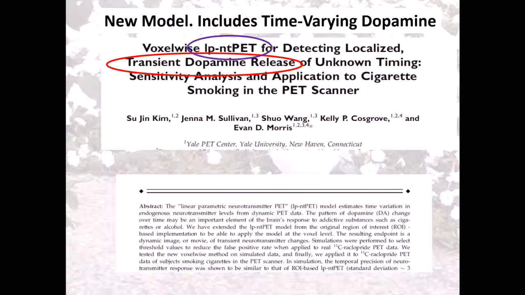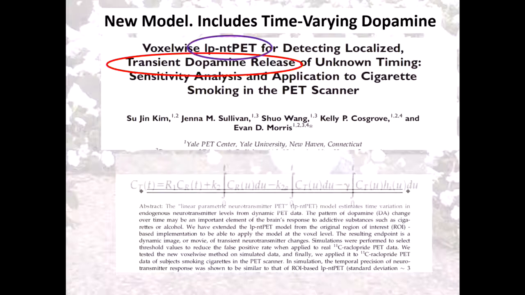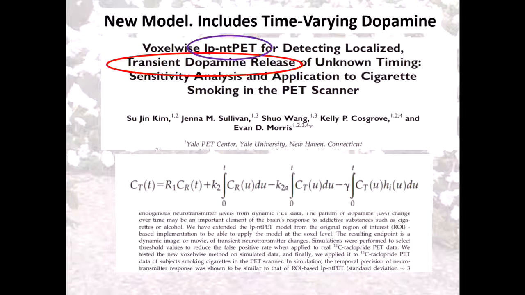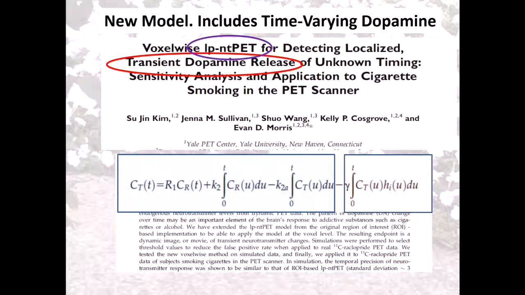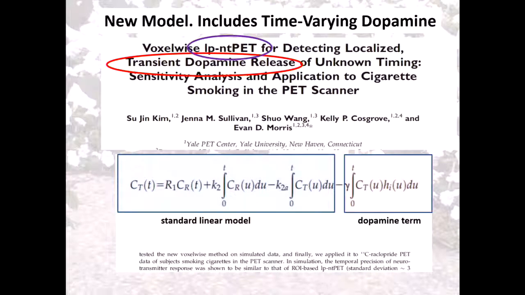And so this model, which I'm going to show you in a moment, has a lousy name, LPNT-PET, but the idea is to apply it in those circumstances where there's a transient release of dopamine during your PET study. And it looks like this, simply. On the left-hand side is a typical linearized model, which can be solved computationally easily.